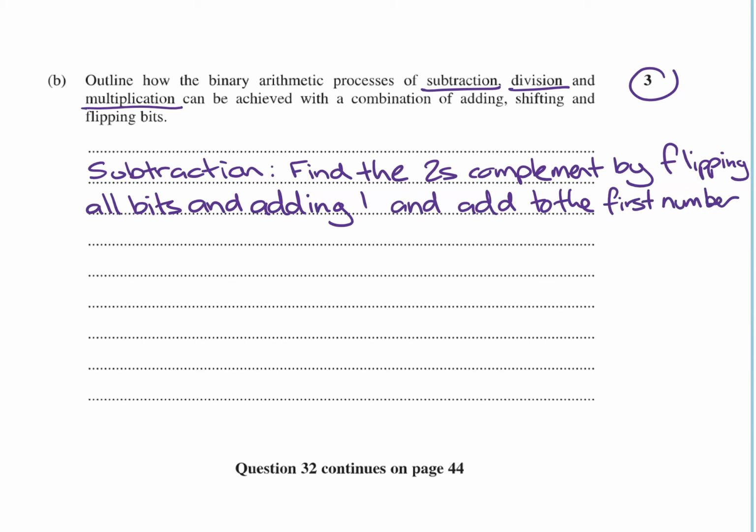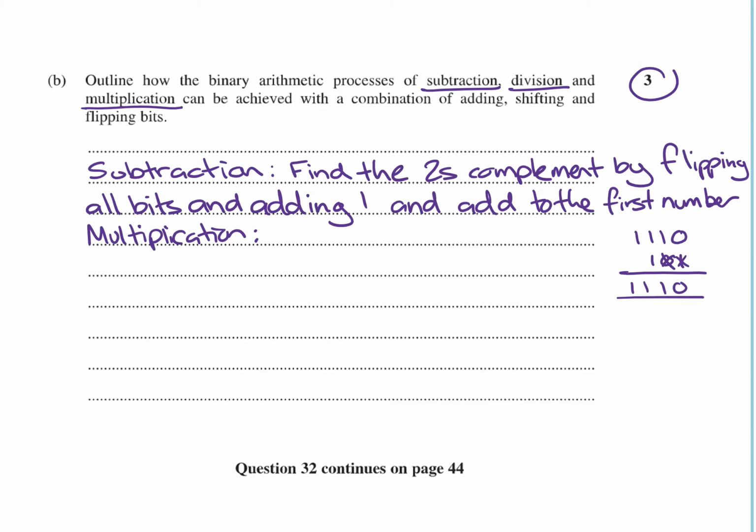Okay. Next one is, let's go to multiplication. Division is the most complex. So when we multiply, if you remember, 1, 1, 1, 0, 1, 0, 1, if there is a 1 in this section, then we draw it.